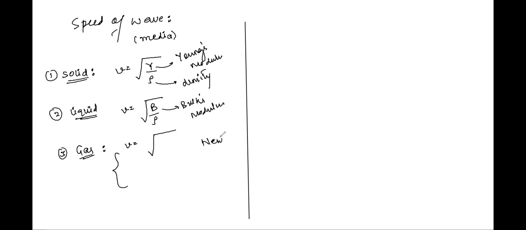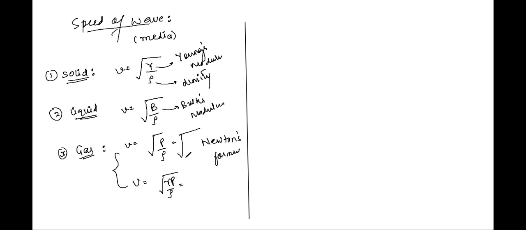Newton's formula is V equals under root P by rho, where P is pressure. And there is an extra term in Laplace formula, that is under root gamma P by rho.